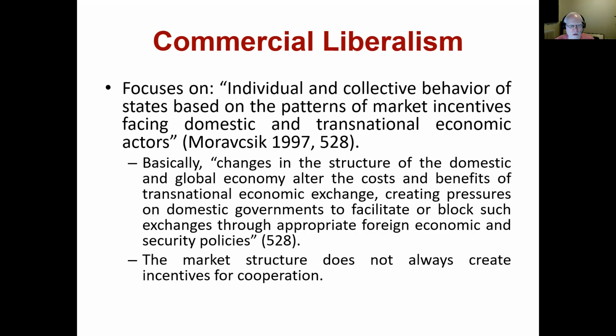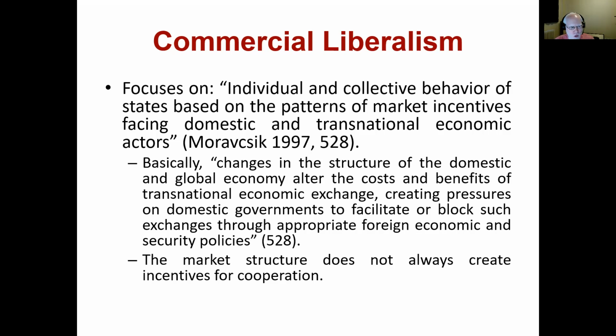So there could also be changes in the global economy, right? That also will put pressure for change. So say there's no change in the domestic economy, but because of changes in the global economy, say you're in the agricultural industry, right? And you used to have really good prices for your products, and so you liked free trade because you export a lot to the global market.